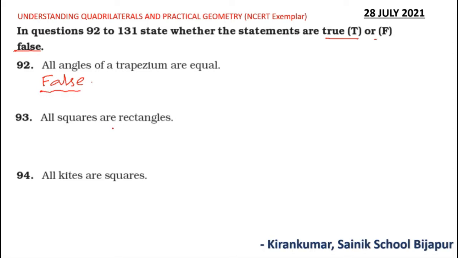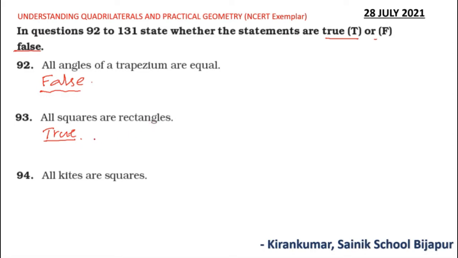Question 93. All squares are rectangles. This statement is true, since squares possess all the properties of a rectangle. Therefore, we say that all squares are rectangles, but vice versa is not true.